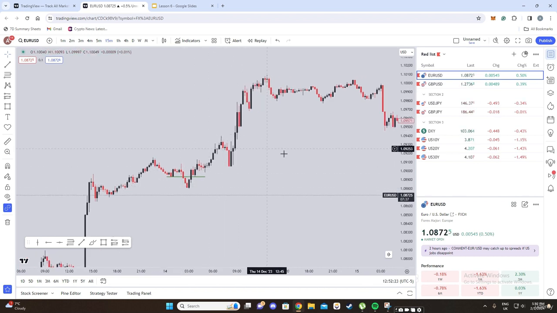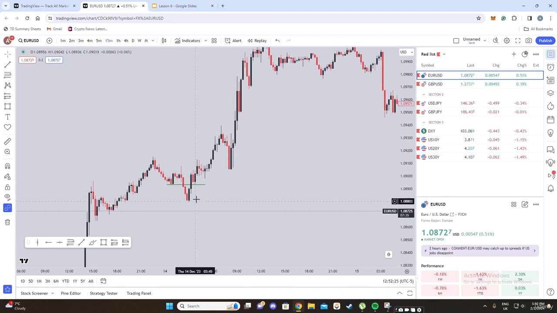Price traded higher, and look at the times it traded higher, from 4 till 7. Then at 7 o'clock, price had a retracement, filling these gaps at our breaker block level. So now there's two confluences: the gaps and the breaker blocks. And let's see if price is at the range.